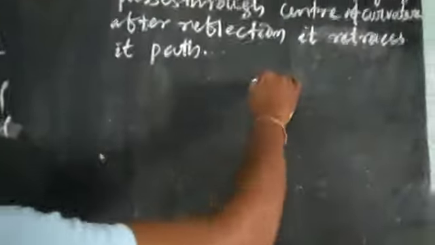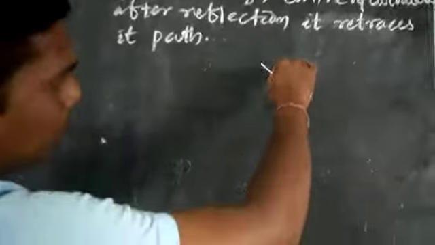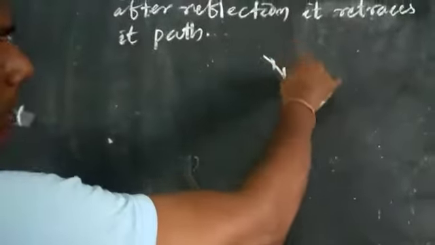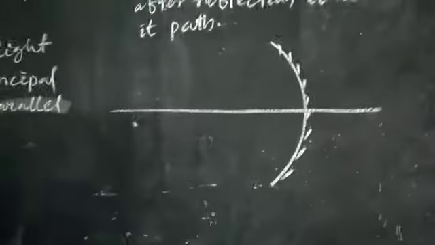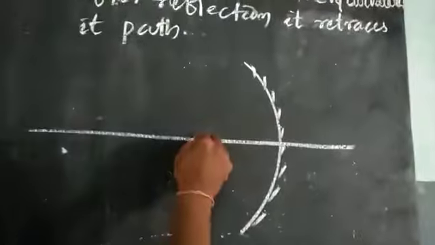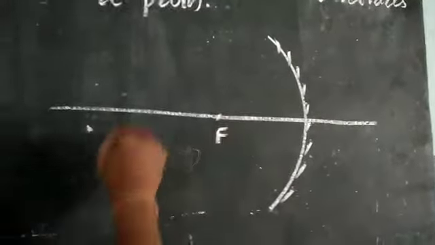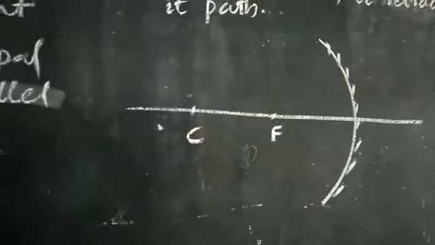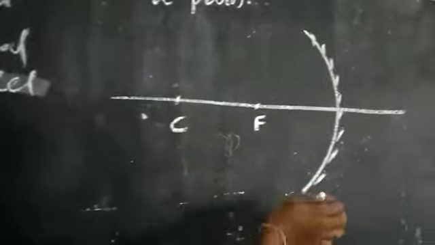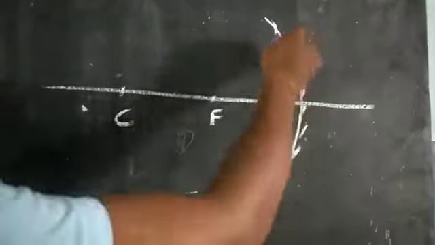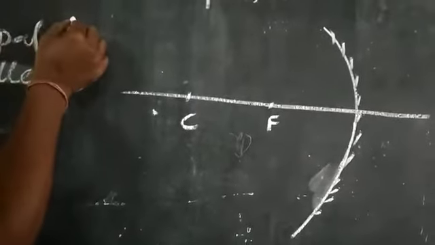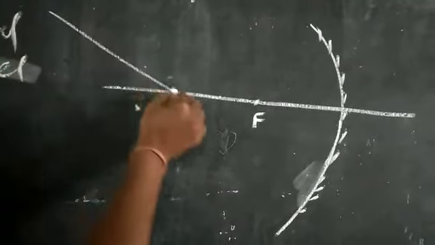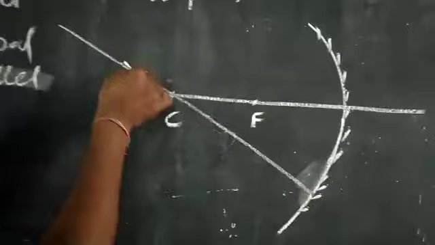See here how it is possible. This is the concave mirror and this is the principal axis. Clear? Then suppose this is focus F and this is center of curvature C. The incident ray is traveling through the center of curvature.